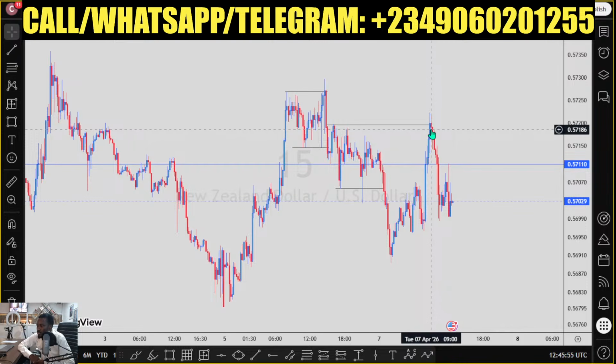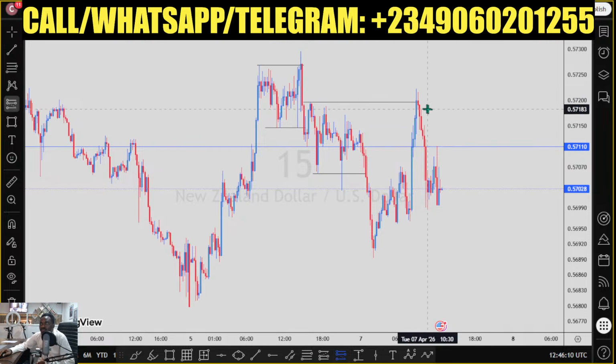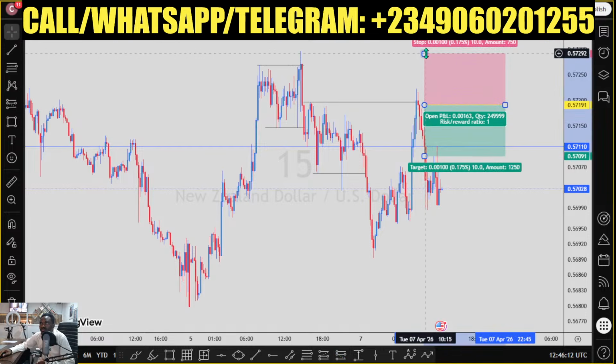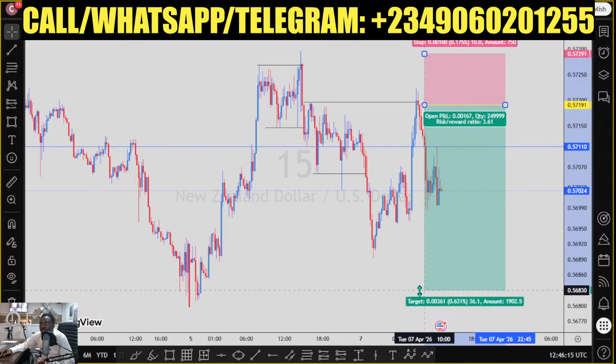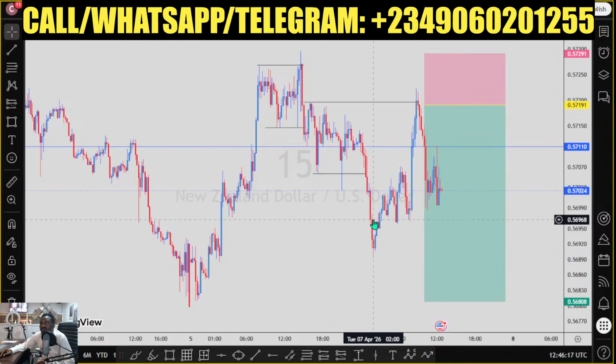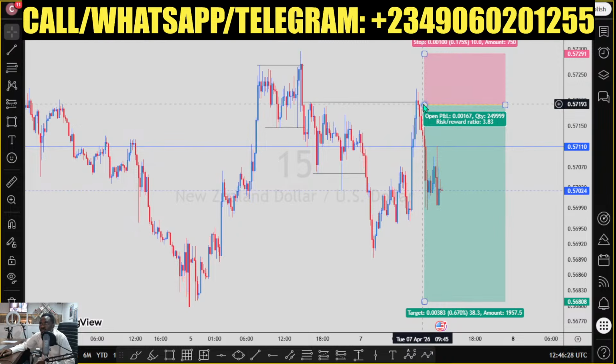So New Zealand USD is gone. This was the trigger zone all the way here. Yes, it is gone.